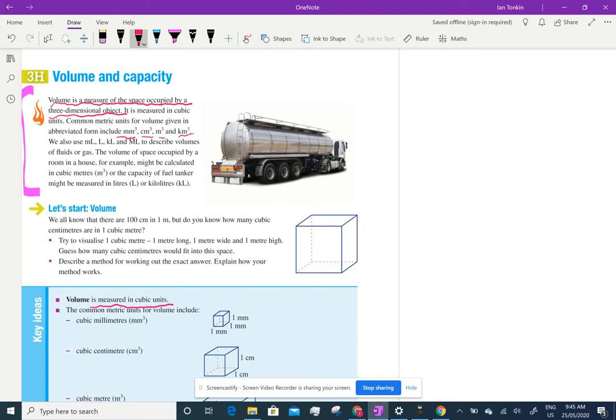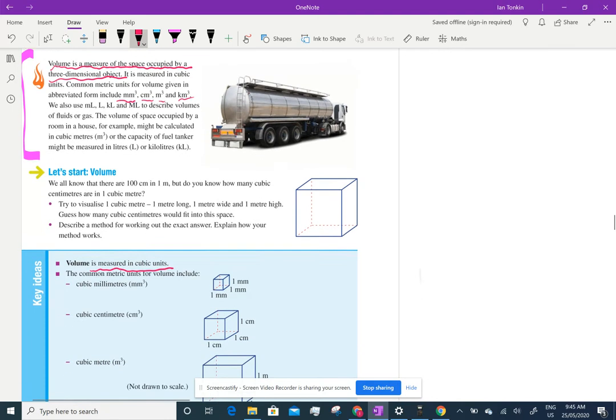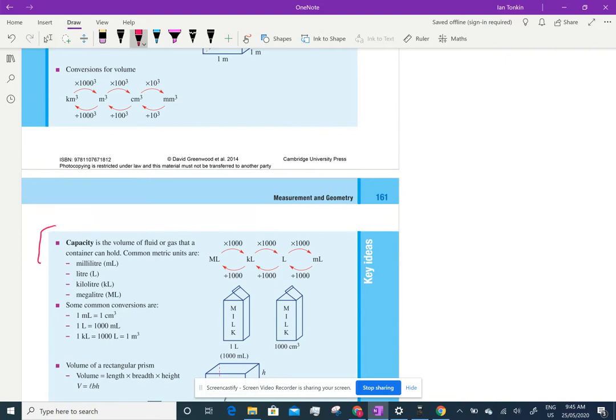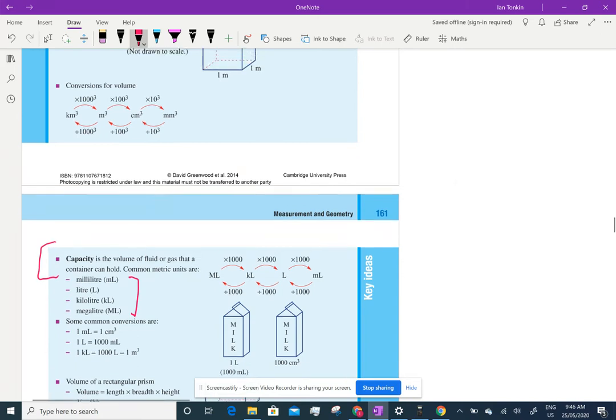But we also measure volume, or have another term for it, and it's capacity. You need to write that definition. Capacity is the volume of a fluid or gas that a container can hold. And we measure that capacity in units like this: millilitres, litres, kilolitres, and megalitres.